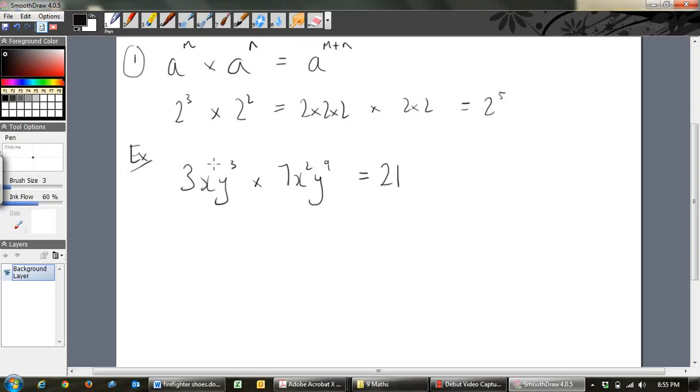Then x times x squared, that's x to the power 1 times x to the power 2, so you add the powers together and you get x to the power 3. Then let's look at the y's. Y cubed times y to the power 9. Remember, add the powers together, and you get y to the power 12. And that's your answer there. That's quite simple, just adding the powers together.